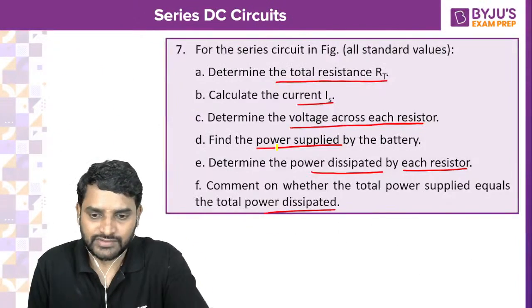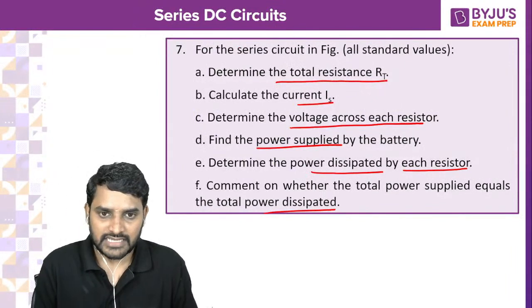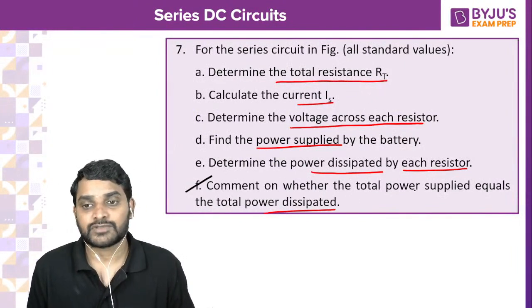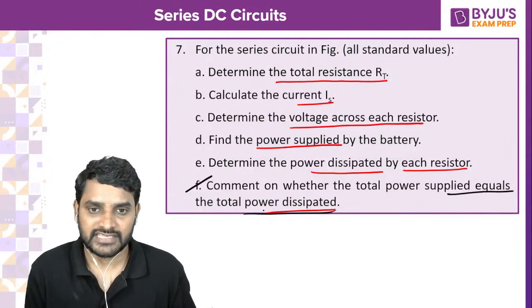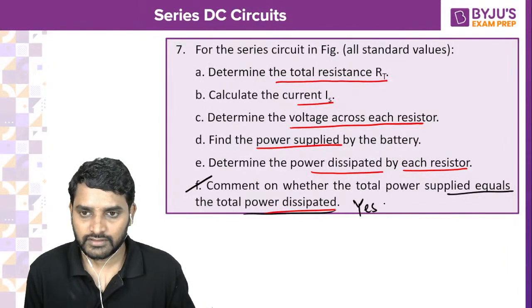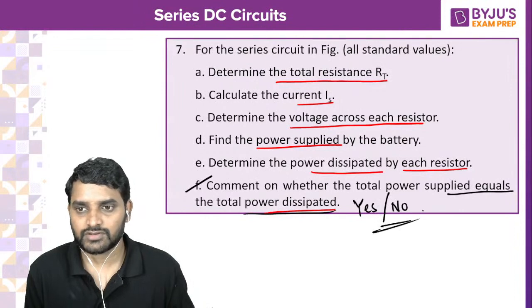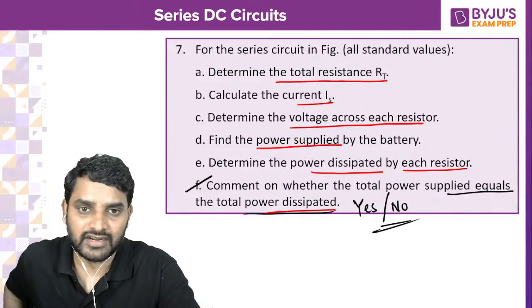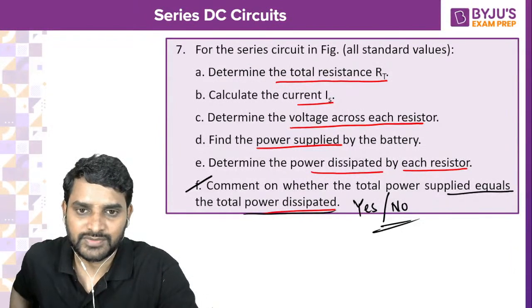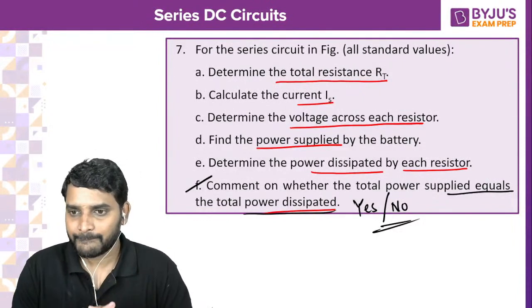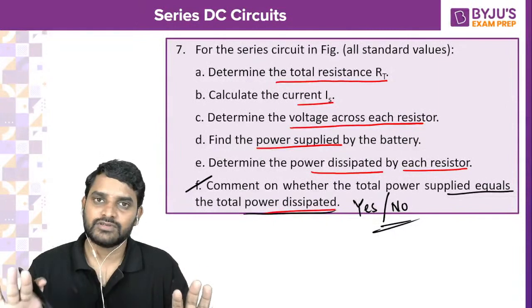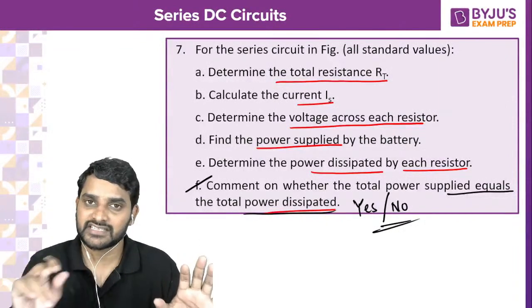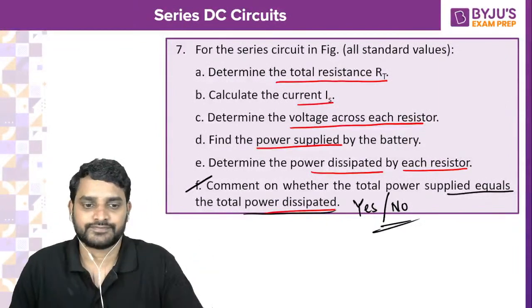So what is the last question asking? The last question is: comment on whether the total power supplied is equal to total power dissipated or not. Yes or no? Total power supplied is equal to dissipated in each and every resistor in that circuit.